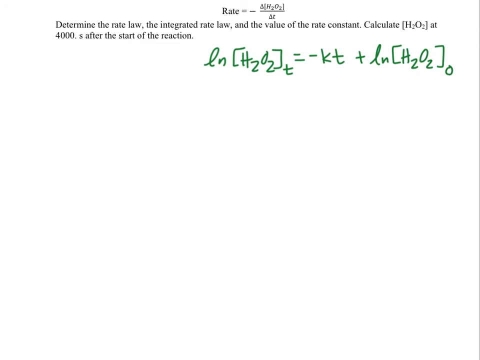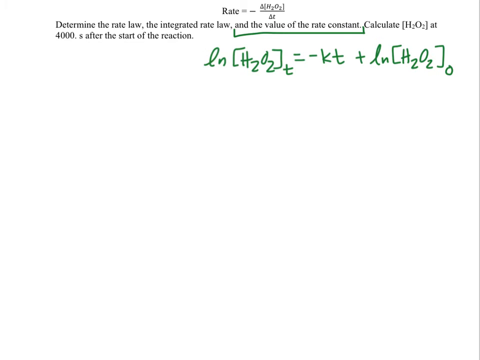For the next two questions, we're going to need to use the integrated form of the rate law. Let's focus on the value of the rate constant first. To solve for the rate constant, we just need to plug in any set of data that's not at the initial time to find k.